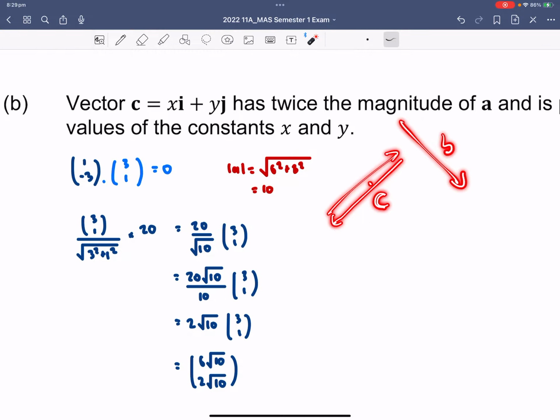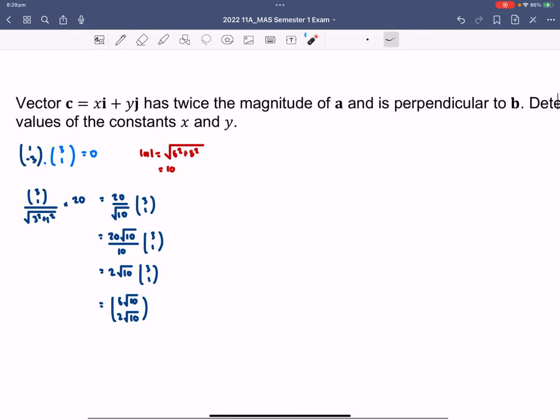So really, I know it says C is xi plus yj. This is what C is equal to. So pretty much one option is that x is 6 root 10 and y is the corresponding value, y is 2 root 10. So that is option 1. Option 2 is the negative version of that.